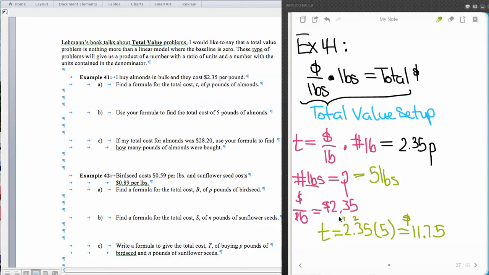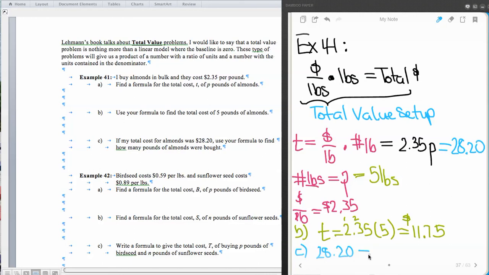Now the next thing that we can do is we can use this equation to solve for the number of pounds if we're given a total value. So our part C here, we know the total value to be $28.20. In other words, we're being given this value right here, $28.20.